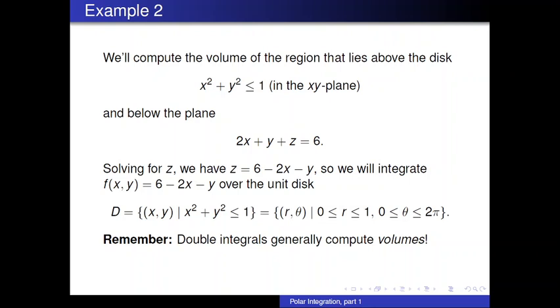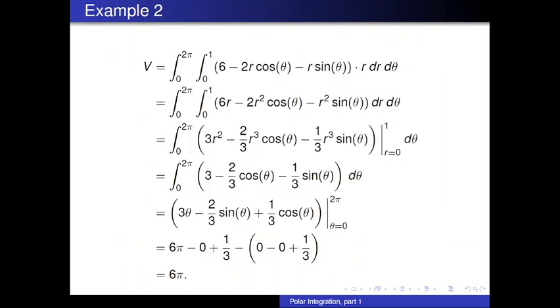A couple of things to remember here: double integrals generally compute volumes between the xy plane and the graph of some function in space. And another thing to remember is that the GeoGebra 3D Calculator is your friend when it's not lagging. Okay, so noted.